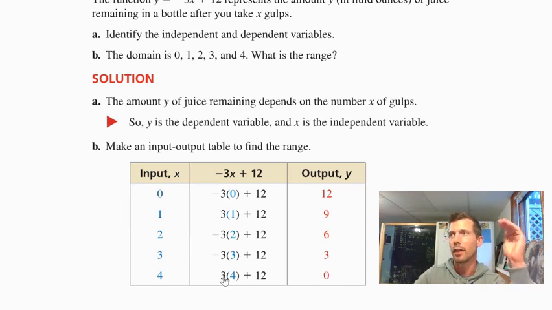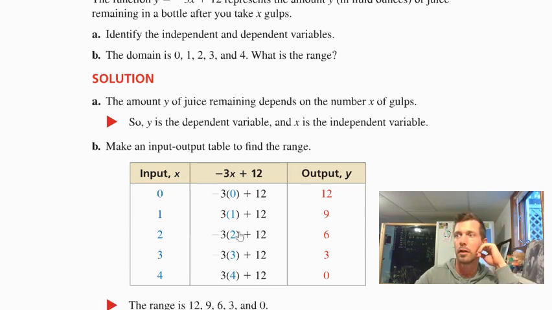We know that these should be negatives too. So hopefully when you see this on my screen, it doesn't look like a negative, but hopefully you can see it as a negative. So if you think about each gulp I take, 3, 6, 9, 12. If I take 4 gulps, that's everything in the container. So now it is gone. So the range of this particular function or problem would be 12, 9, 6, 3, and 0.